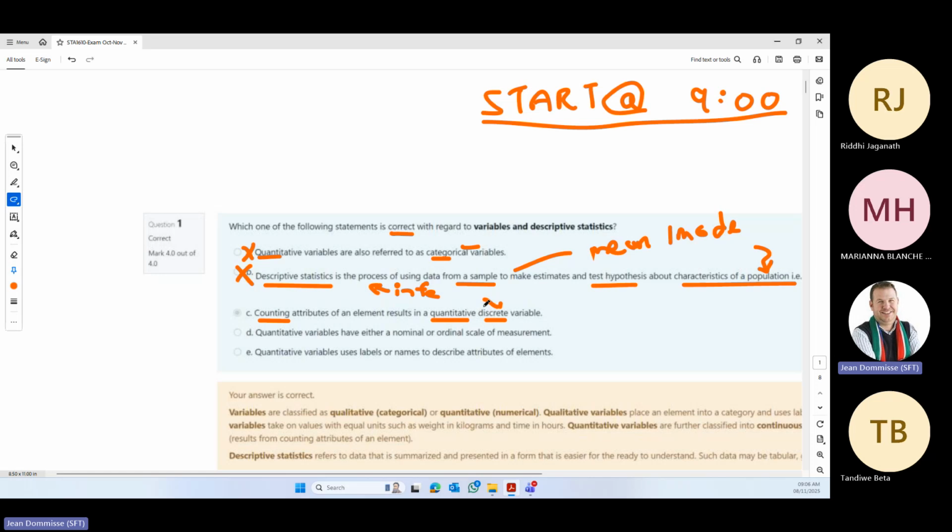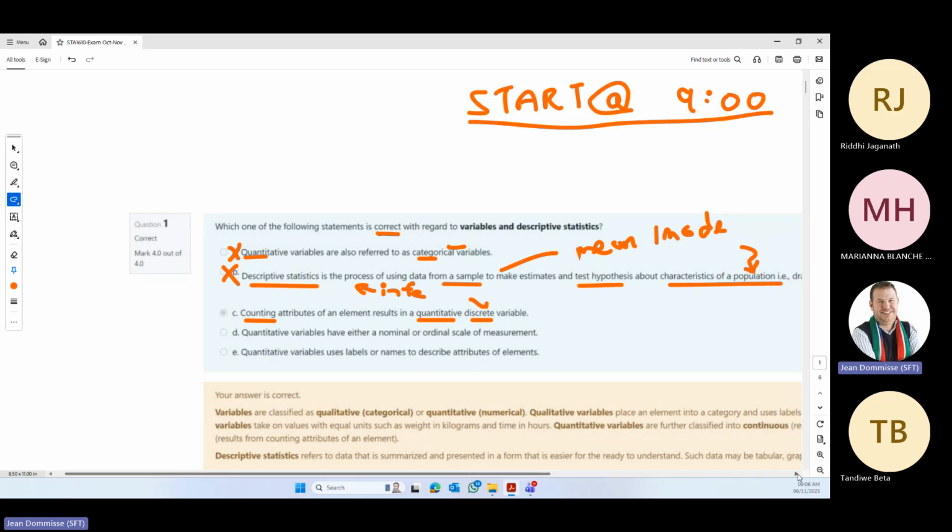Counting attributes of an element results in a quantitative discrete variable, that is correct.